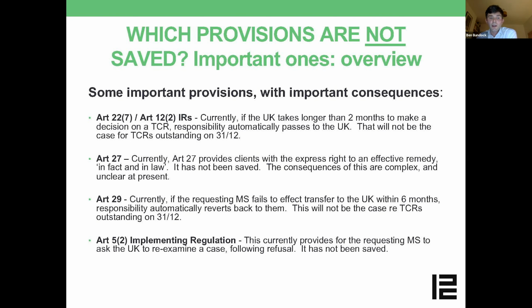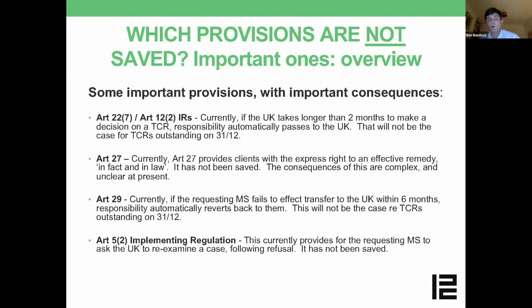Second provision, possibly the most significant here, is Article 27, which hasn't been saved in relation to these transitional cases. Currently, as you're likely to know, Article 27 provides clients with the express right to an effective remedy in fact and in law, and that's not been saved.